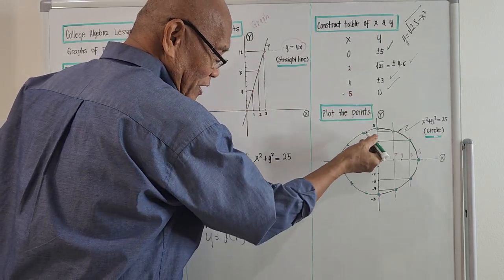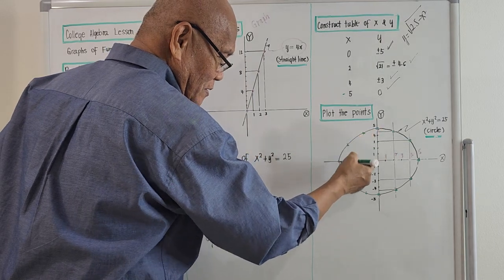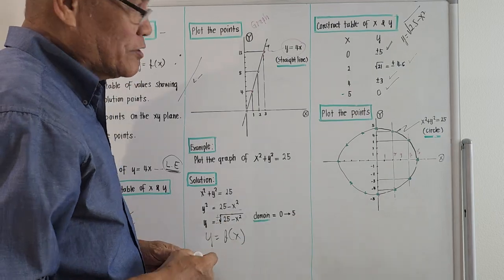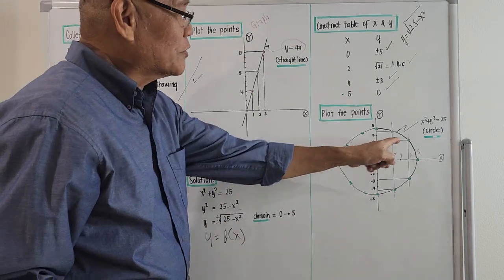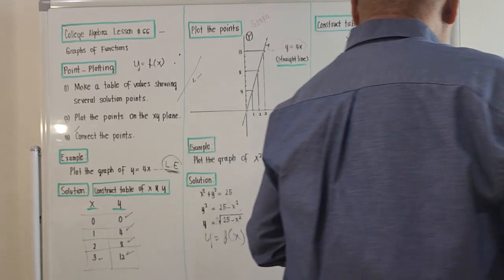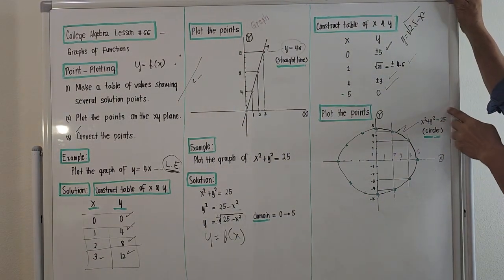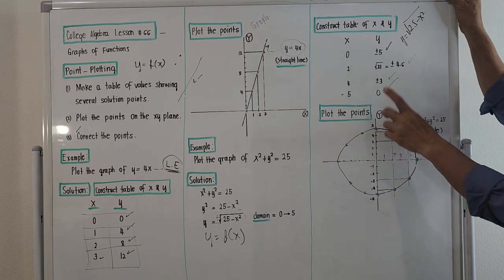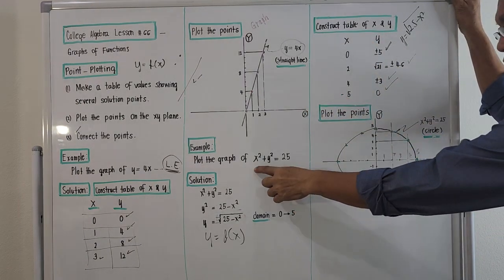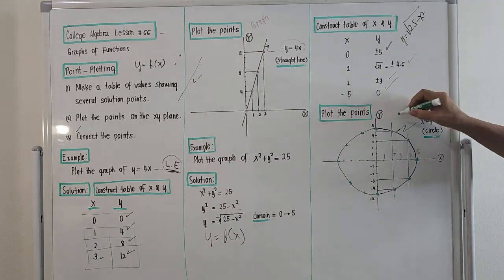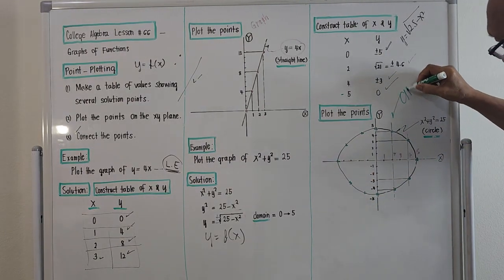So if we connect the points again, it will be this. So actually the required graph is a circle. And the equation of this graph is x squared plus y squared equal to 25. This is the graph of the given quadratic equation, x squared plus y squared equal to 25. It's a circle.